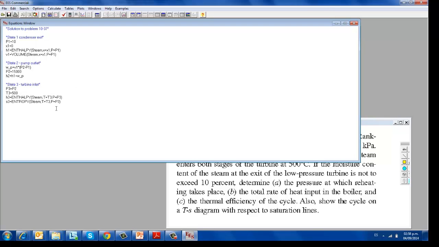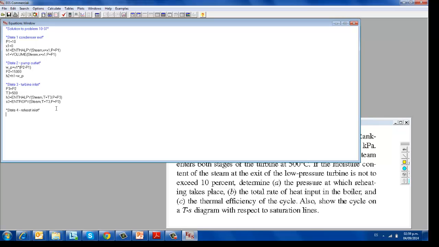We can state 4, and it will be the extraction pressure, the reheat inlet.